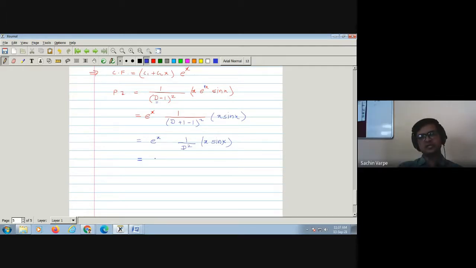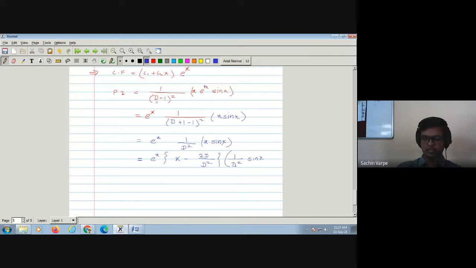So 1 upon d square is double integration. You can do the double integration of x sin x also, or you can use the rule also. What the rule says? Rule says it is x minus phi dash, that is 2d upon d square, into 1 upon phi, that is d square into sin x.